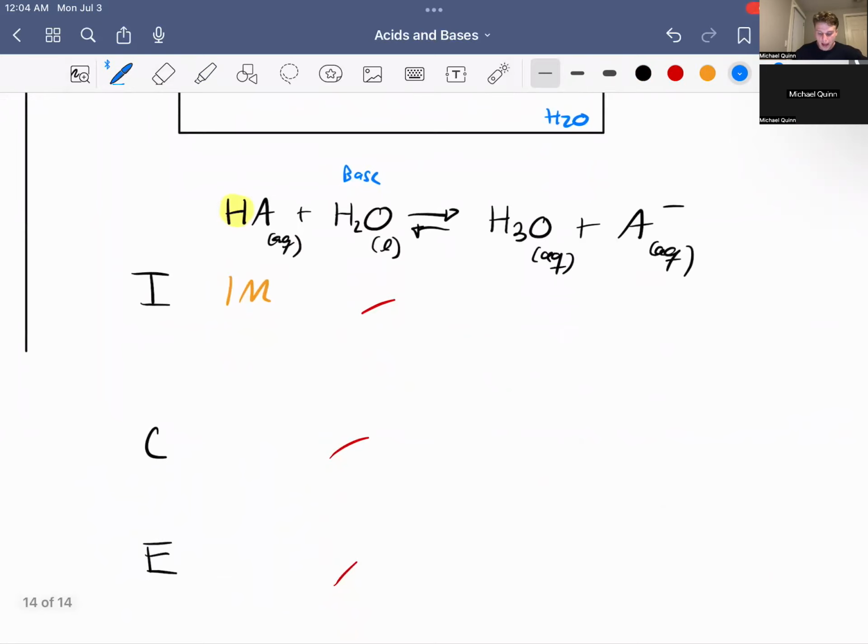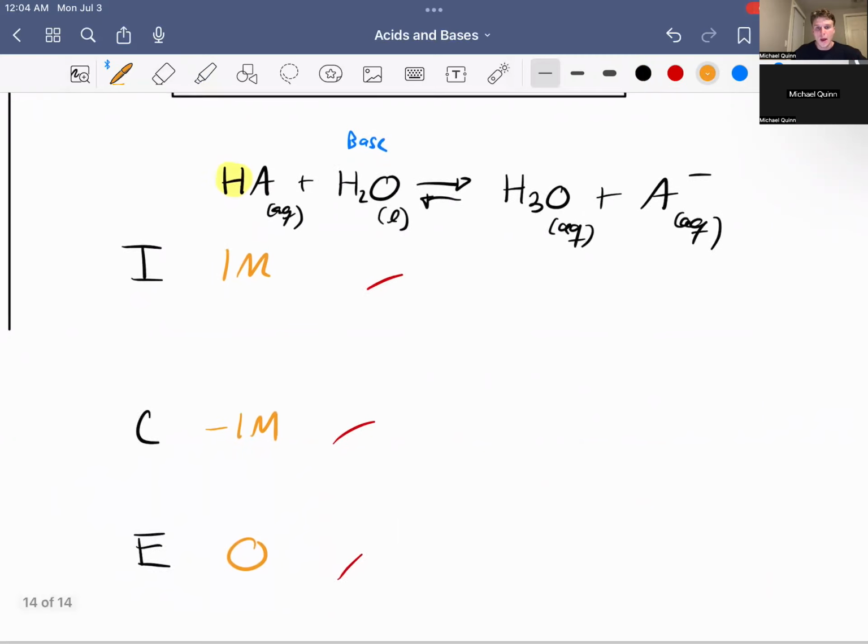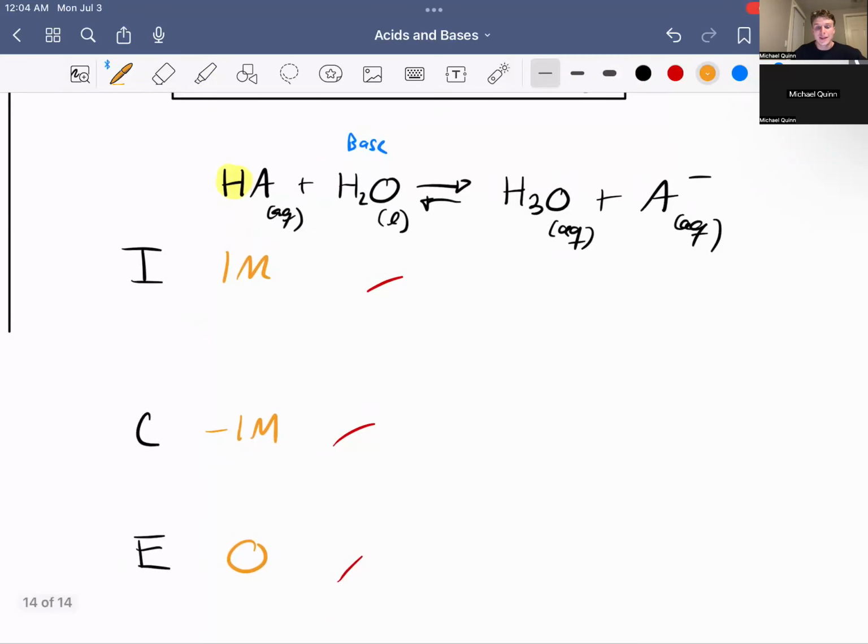So this strong acid is going to completely react in this ice table. So this is super important when you are solving a problem having to do with acids and bases. If you are working with a strong acid or base, whatever you start with will completely react and you'll be left with nothing after you react with a base. Or if you're working with a base, they will react 100% and you'll have nothing left.